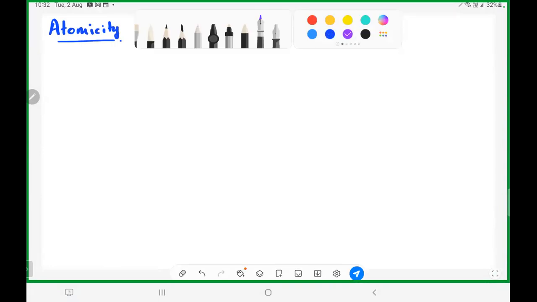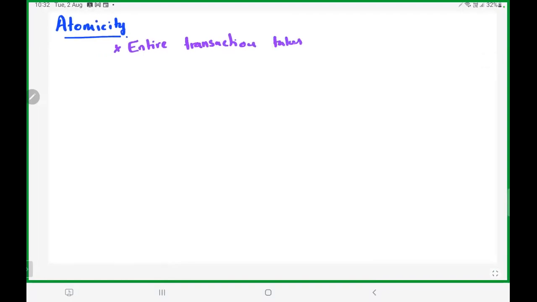That means in here, the entire transaction takes place at once. එකපාර සිද්ධ වෙනවා.